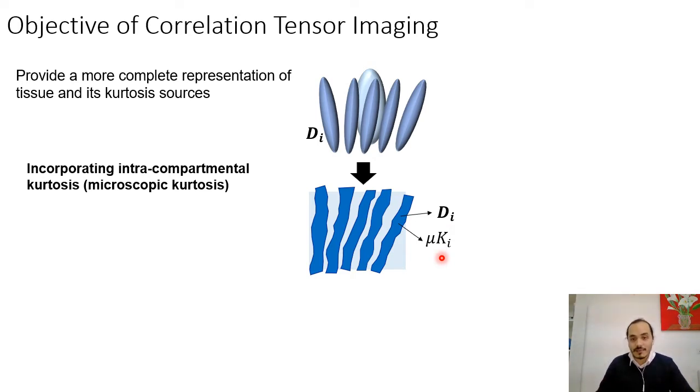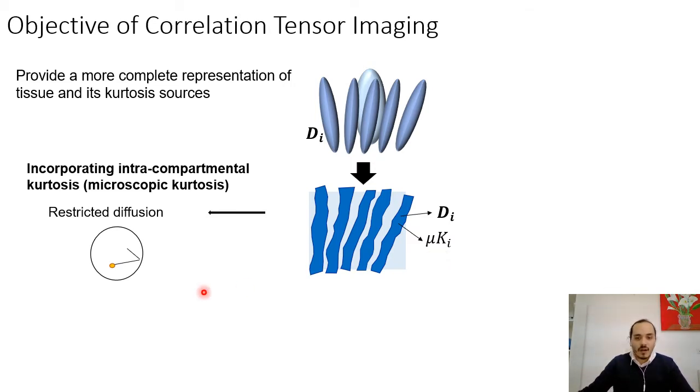So what can this microscopic kurtosis be? As I explained in the first DKI part, individual compartments can exhibit non-Gaussian properties due to the confinement of diffusion inside different compartments. So microscopic kurtosis can arise due to the interactions of the diffusing molecules with the boundaries of the compartments.